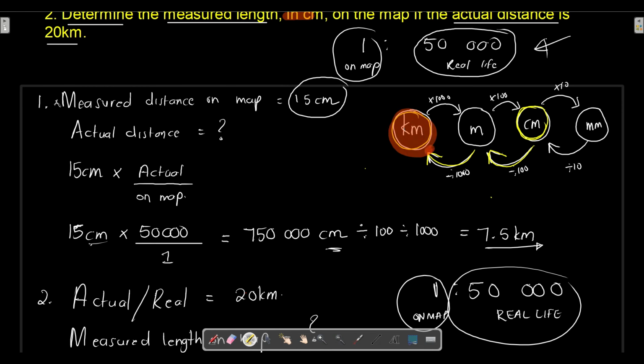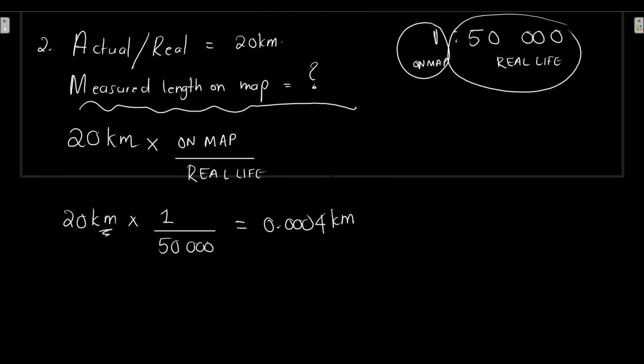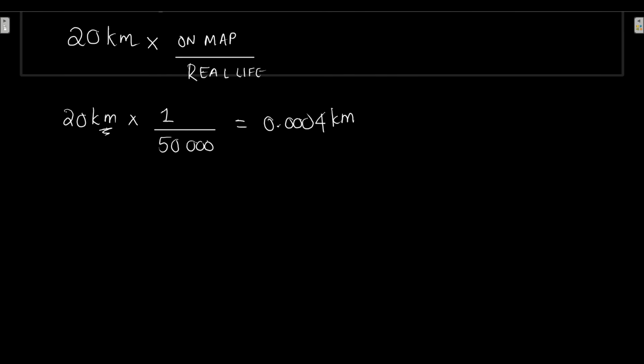We want to move from kilometers to centimeters, so we're moving from the left to the right, because we want to get to centimeters. So we multiply the value by 1,000 and multiply by 100, and that will put us at centimeters. So we take the 0.0004 kilometers, multiply by 1,000 and by 100.